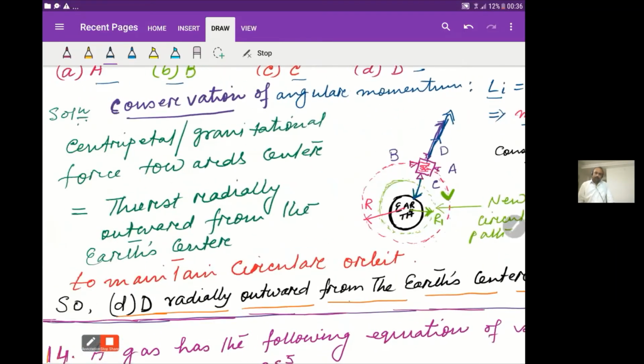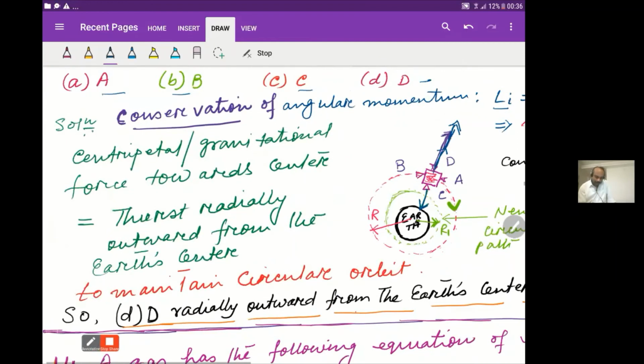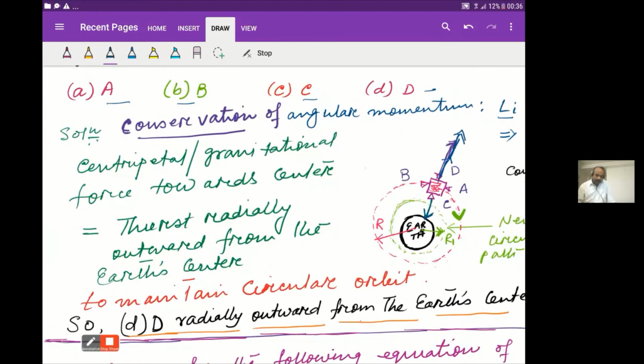We can also write a statement like that: centripetal or gravitational force towards the center is nothing but thrust radially outward from the Earth center to maintain circular orbit.